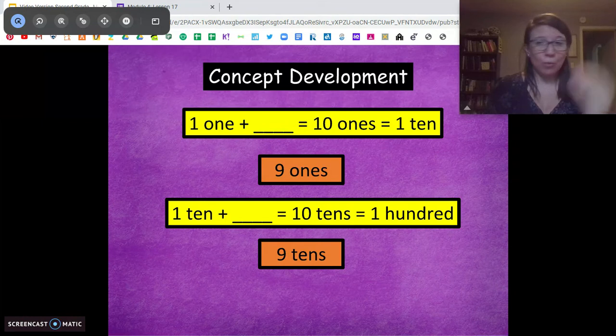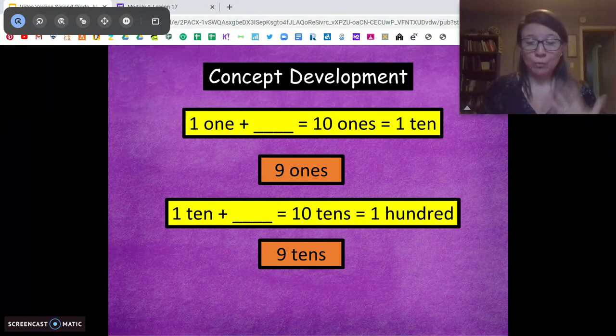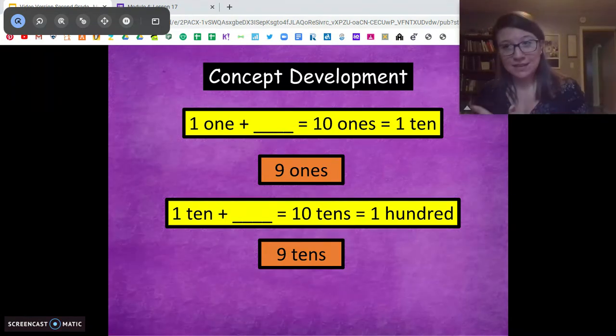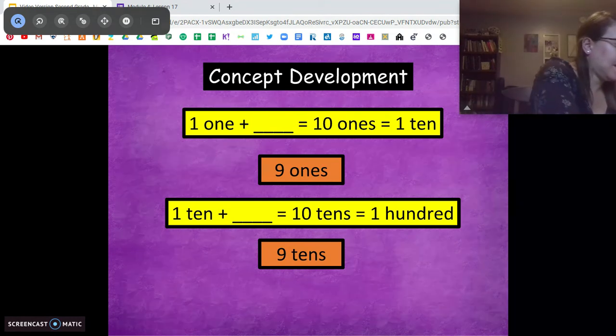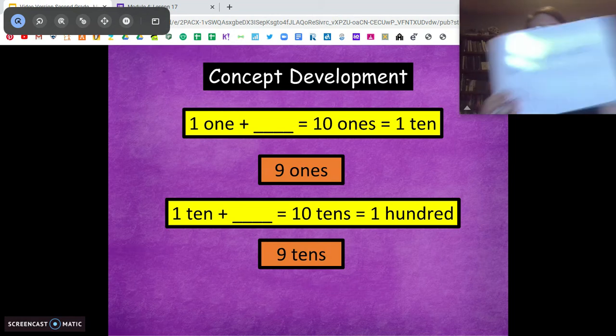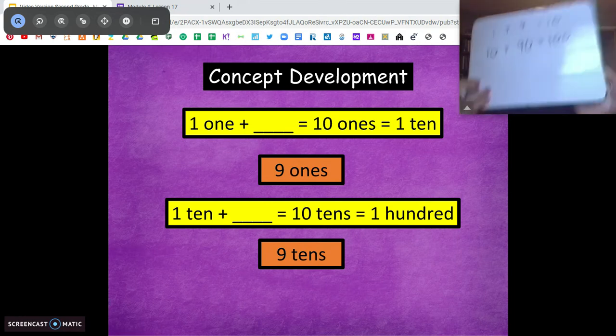We're still adding 1 plus 9, but now we're upping it a little bit. And we're going to do 110 plus 9 tens equals 10 tens, or 100. So what that would look like is 10 plus 90 equals 100. Our first problem would look like 1 plus 9 equals 10.